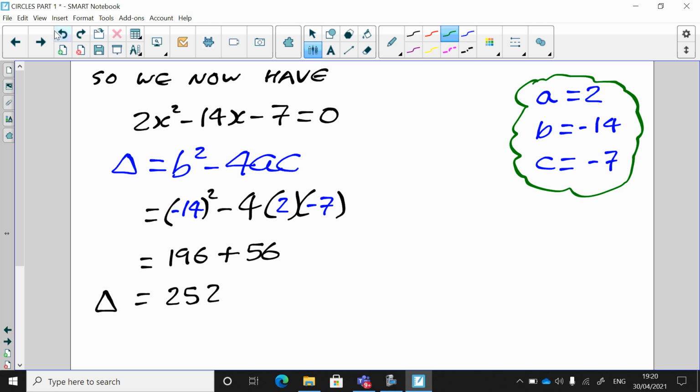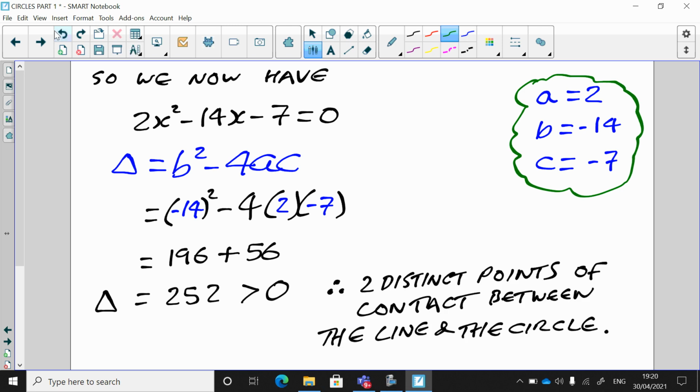It's positive. That means it's greater than zero. Okay? What does that tell you? So do you have no roots, one root, or two roots? It's greater than zero, so that tells you there's two distinct points of contact between the line and the circle. That's why you looked at it there. That's what we've got there.